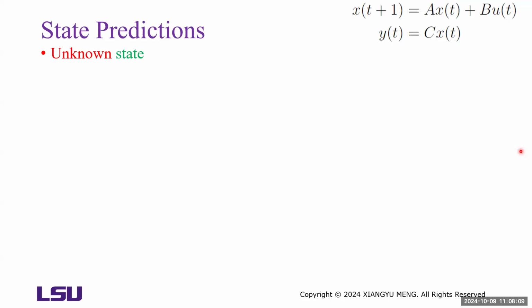In state space models, to predict the output, we need to first predict the states. Let's first assume we have known states. If the states are available, we can just use x(t), supposing the current time is t. If the states are not available, we assume we have a prediction or state estimation algorithm that can estimate the current state.